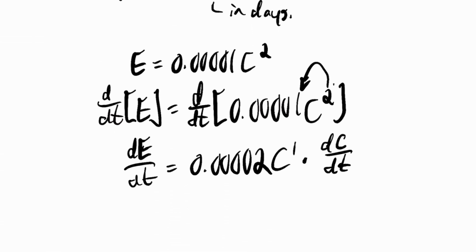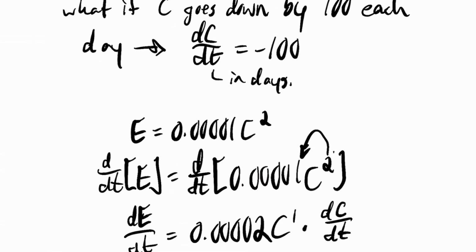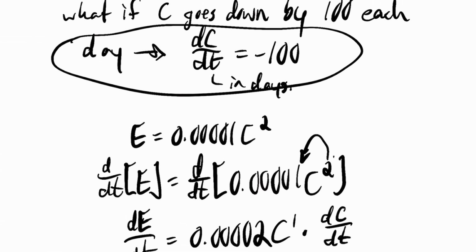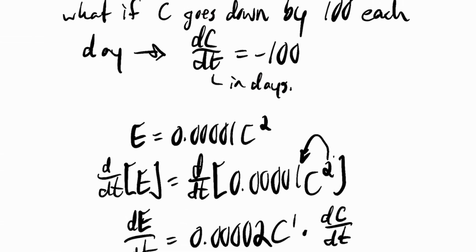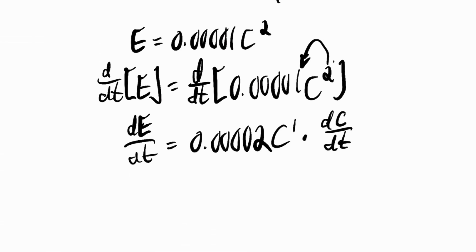Okay, so if dC/dt is negative 100, as I said, and C is 5,000, how will that affect the number of employees who become ill? There's other notation for this, but we'll get to that in a later video. We don't need to get bogged down with notation.